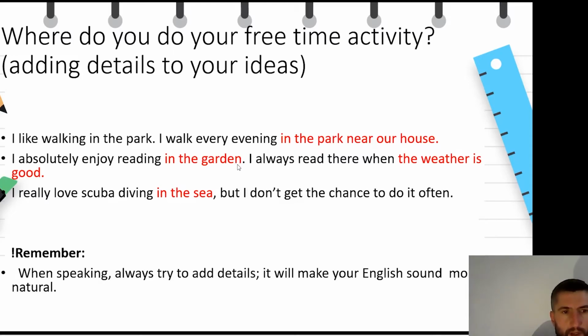Then we have we enjoy reading in the garden. In the garden in our house. And we love scuba diving in the sea. So remember, when speaking, always try to add details. It will make your English sound more natural.